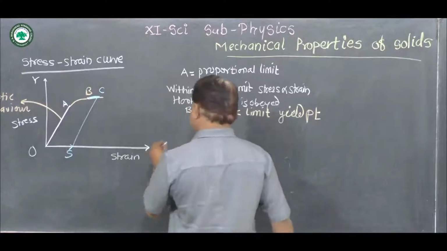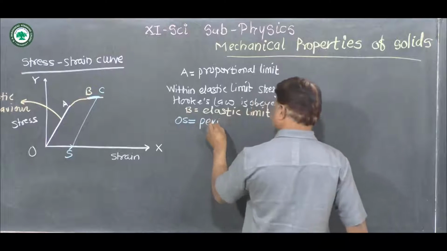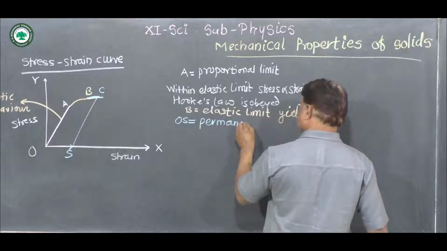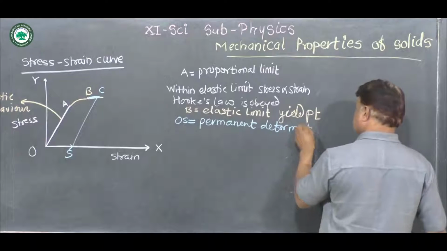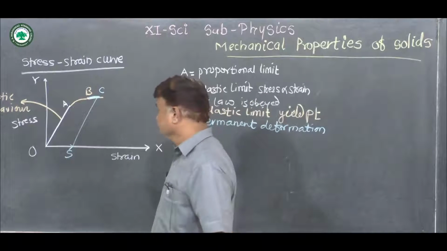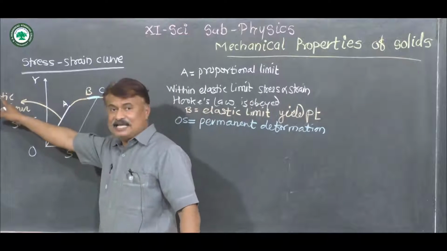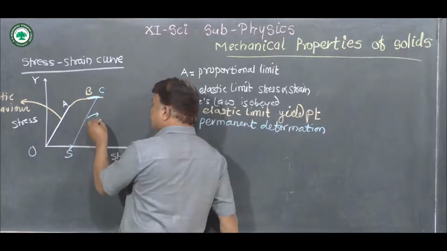This OS is permanent deformation remains in the wire. Now this is the elastic behavior of the wire, but this is the plastic behavior.